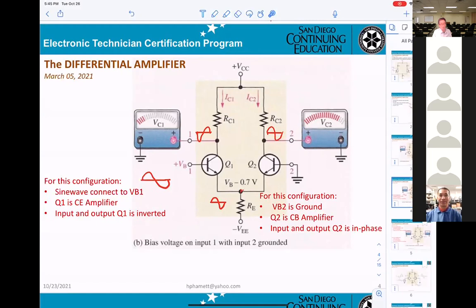And also, the signal will go into the emitter of Q2, and the output of Q2 is from the collector. That will be a common base. For common base, input and output will be in phase.